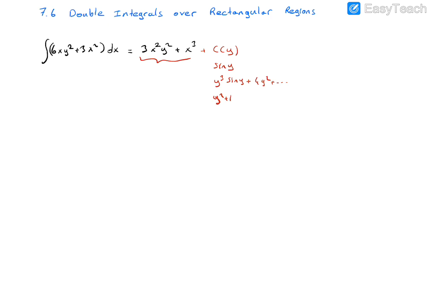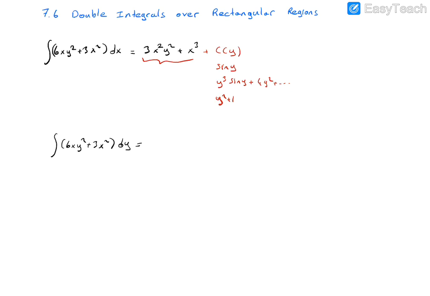On the other hand, we can talk about the integral of the same function with respect to y, dy. So this is 6xy cubed over 3, which is 2xy cubed. And 3x squared is considered a constant, so the integral is 3x squared y. Now, the derivative of this expression with respect to y is the integrand.